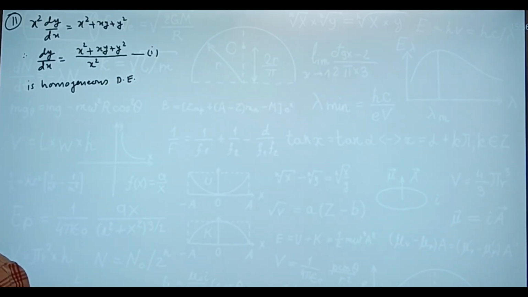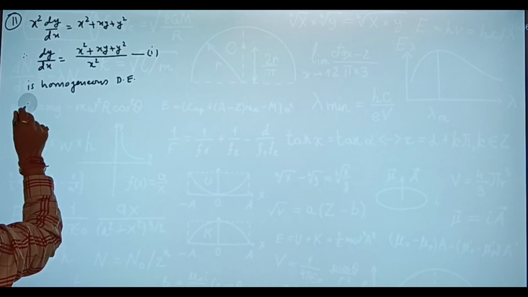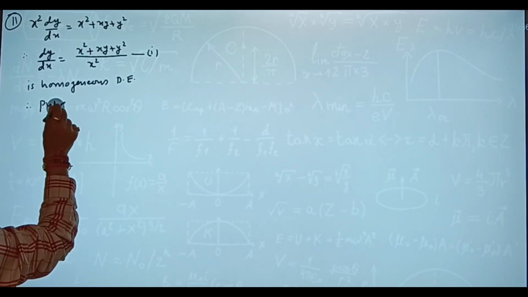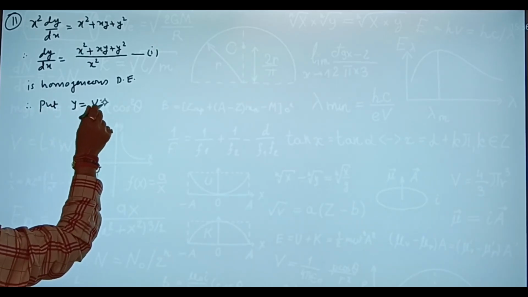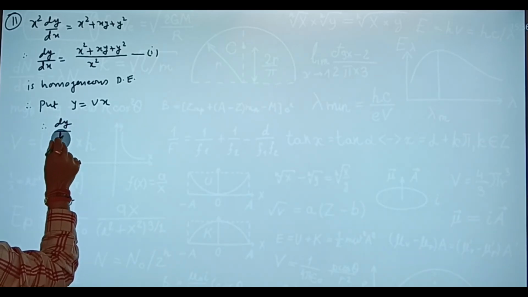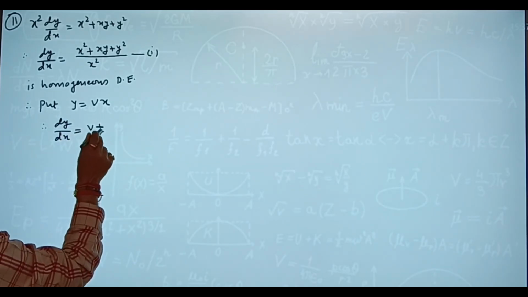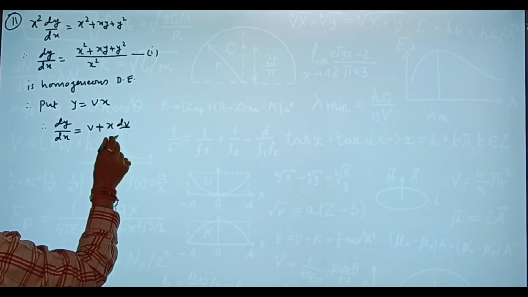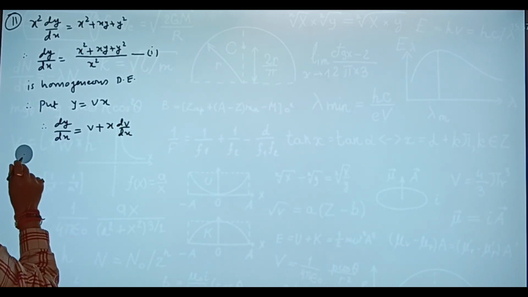Is homogeneous differential equation. Therefore, put y is equal to vx. So dy by dx is what? v plus x dv by dx.